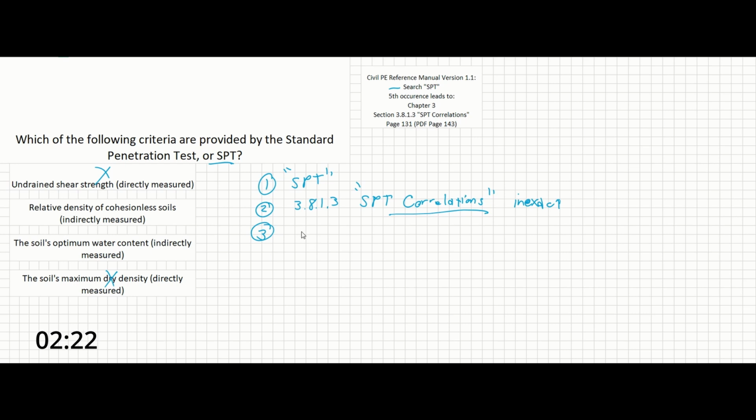So, relative density, and it notes that for sands, this is reliable, and for silts and clays, that it can be unreliable.